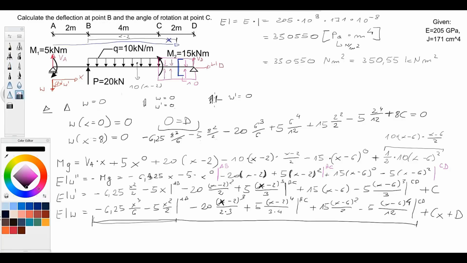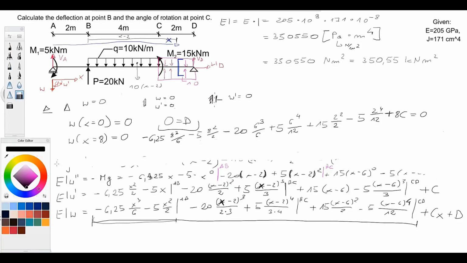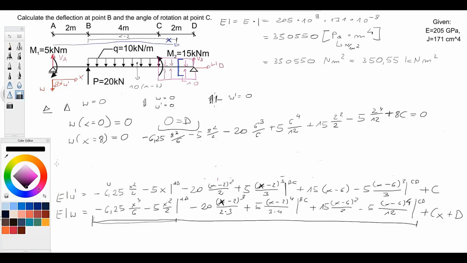Let's mark the equations we won't be using. From the moment equations, we definitely won't use them. And we probably won't have to use the equation for the angle of rotation for this task anymore. So now we have minus 850 plus 8c equals 0.